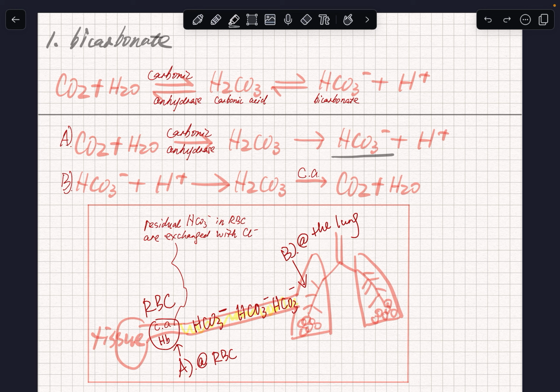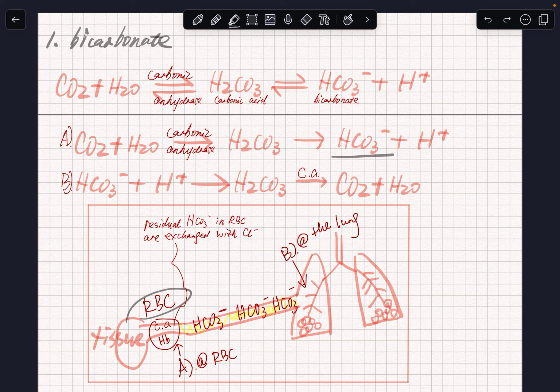So here, once again, it's in your red blood cell. Once you pick up the CO2 as the waste product from the tissues of your body, in your red blood cell, reaction A happens. CO2 is converted into bicarbonate, and then the bicarbonate dissolves in your plasma. The plasma travels to your lung.